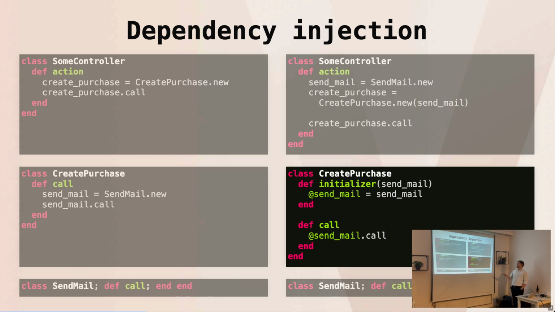Since we started from the hard-coded version, now we're using dependency injection. We have our argument for the initializer, and we assign the dependency to the instance. This is in general how it is implemented, one of the options for implementing dependency injection.